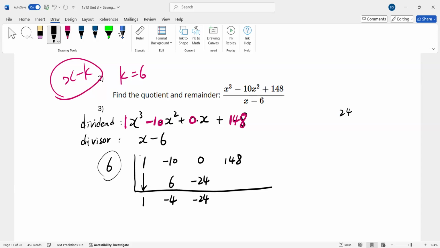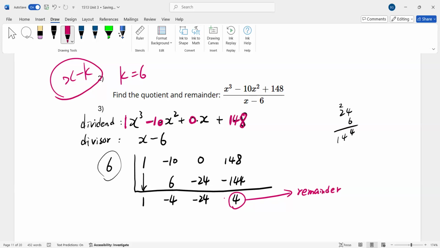What is 24 times 6? 144, right? Negative 24 times 6 is negative 144. And 148 minus 144, positive 4. And now we can identify this is the remainder.